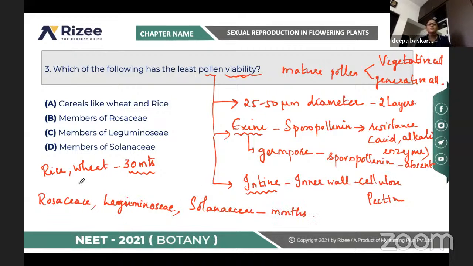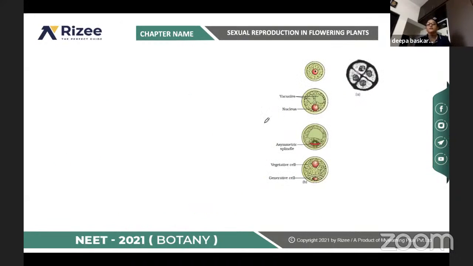So based on the species, the viability of pollen grains varies. Here the least pollen viability is for cereals like wheat and rice, only 30 minutes.